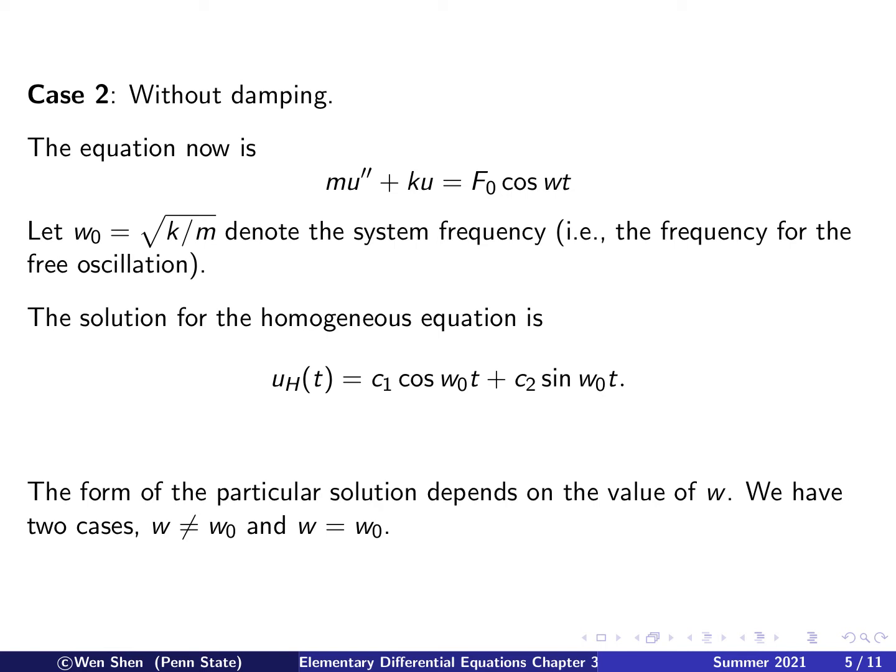Now we see that the particular solution form would depend on the value of this frequency w. We'll have two cases. One is when this w does not match the w naught of the system frequency, and the other case is when they match, when w equals w naught.